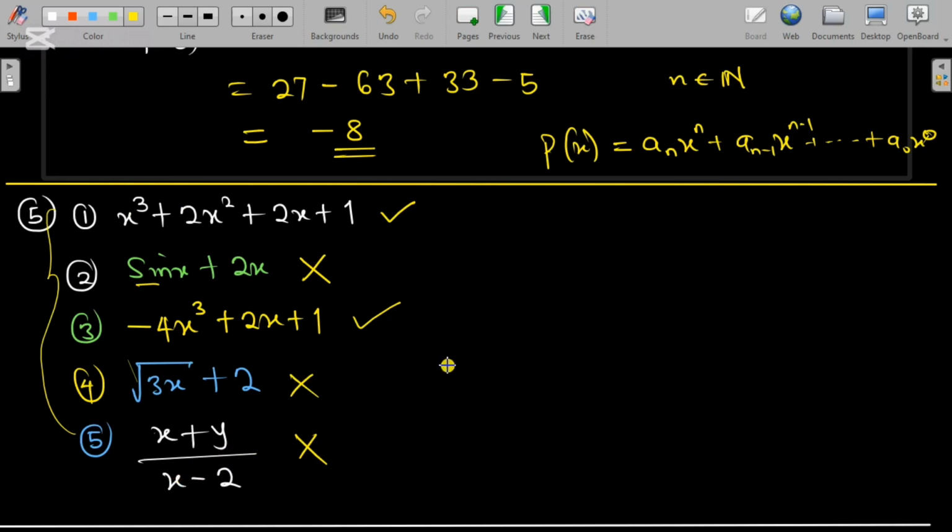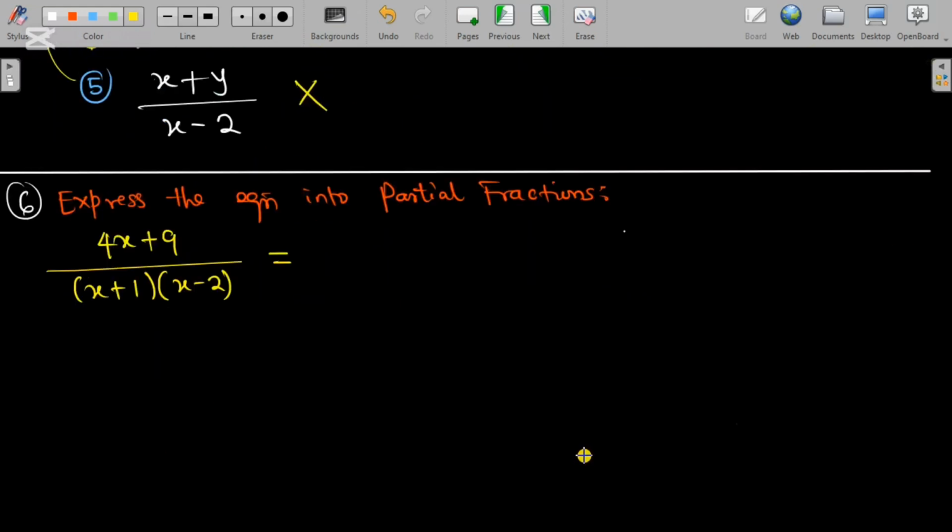And then of course you can split that into x over x minus 2 plus y all over x minus 2. So you can see a combination of x and y here, and this one now will lead you to a degree that is not a whole degree. All right, so that is that for 5.